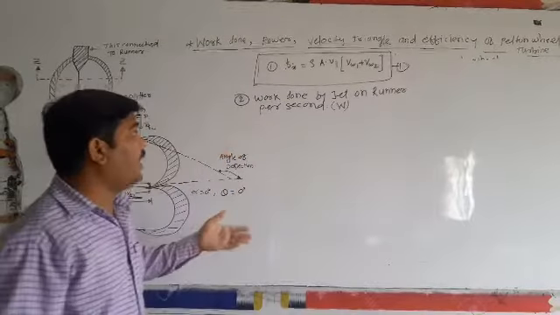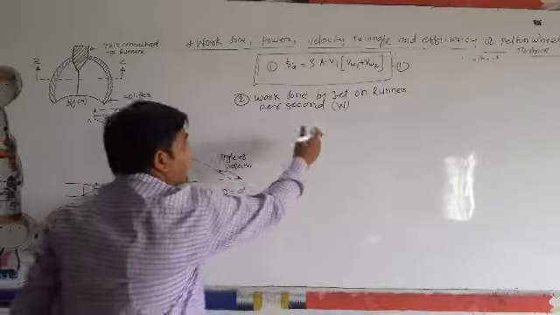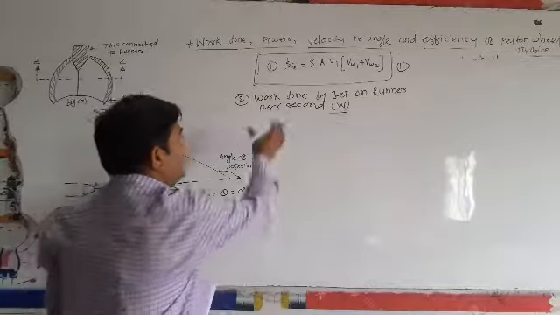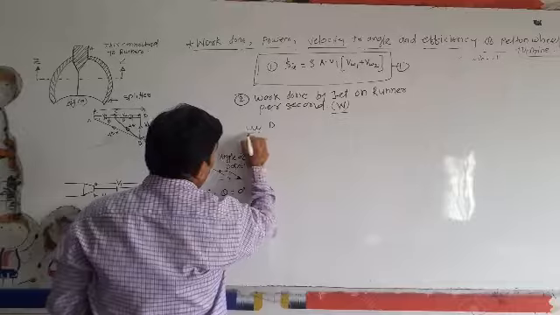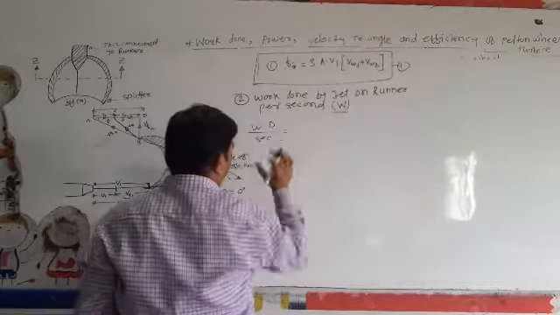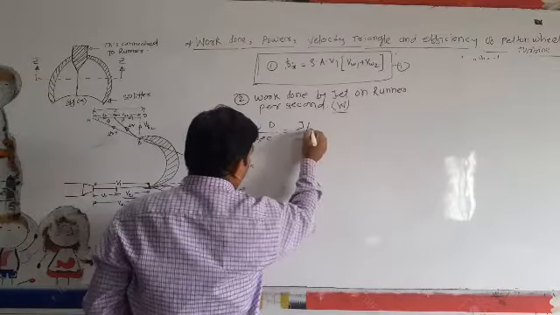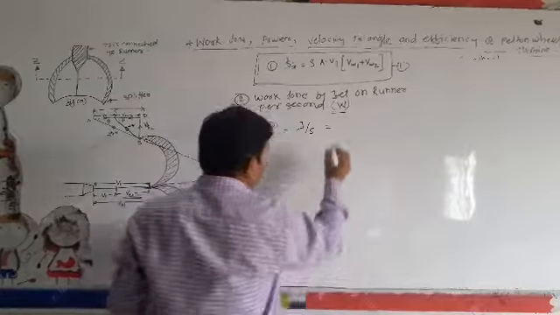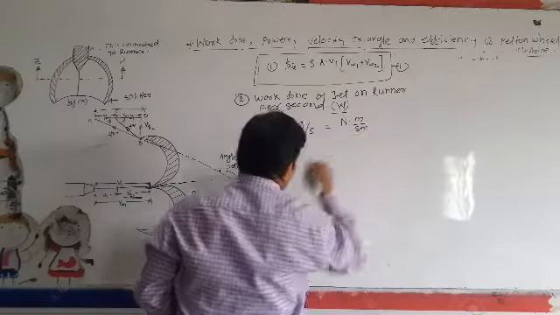Now second, we can calculate the work done by the jet on the runner per second, that is in watt. The work done per second: the unit of work done is joule per second, and joule is nothing but Newton meter per second.